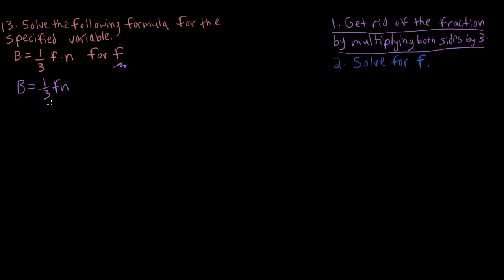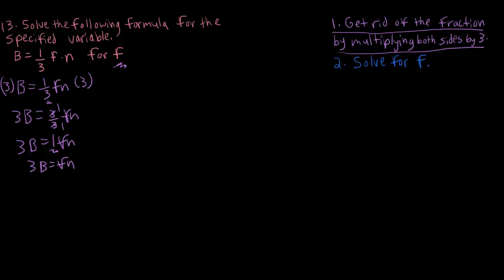We want to get rid of this fraction, so we can multiply both sides by 3. We end up with 3b equals, really 1/3 times 3 is the same as 3 over 3 fn, and 3 over 3 is the same as 1. 3b equals 1 fn. The 1 is redundant, so we can just have 3b equals fn.